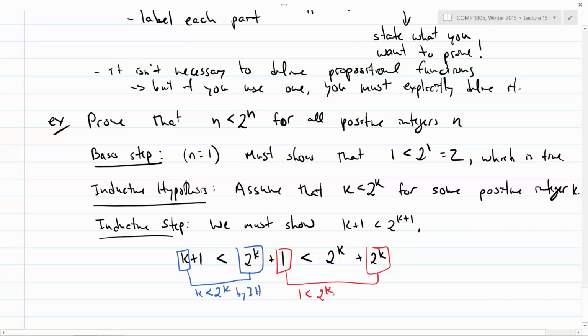How do I know that that's true? Right, I can assume that k is greater than 1. This wouldn't be true if k was smaller than 1. That would be a problem. So I know that, because I know I'm proving it for all positive integers, I know that that's true. So this is since k is at least 1.